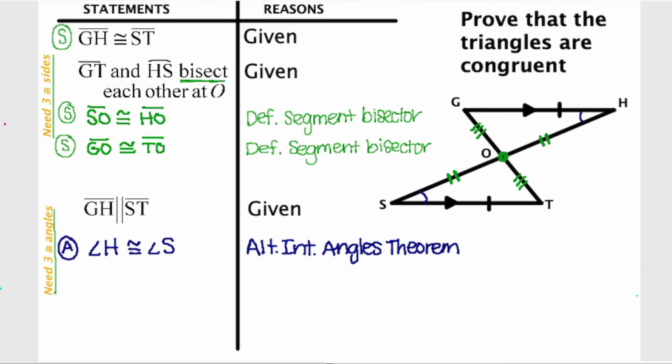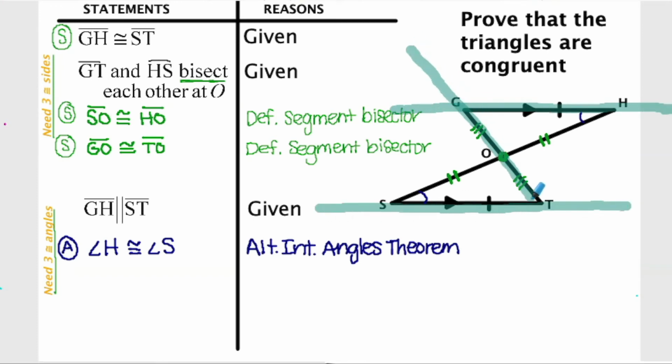Can we find another pair of angles? Well, I say we can use those parallel lines again. What if we just used this line as the transversal this time? Do you feel like we could use this angle and this angle as alternate interiors?